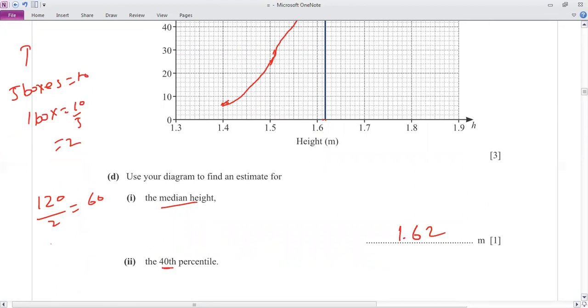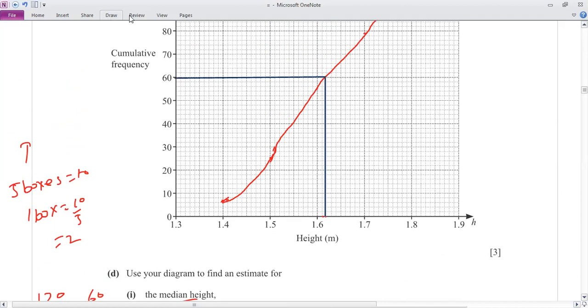40th percentile. 40th percentile means 40% of the last cumulative, meaning 40 over 100 of 120. So this is 48. Now draw the line from 48. Draw the line from here and then this one.